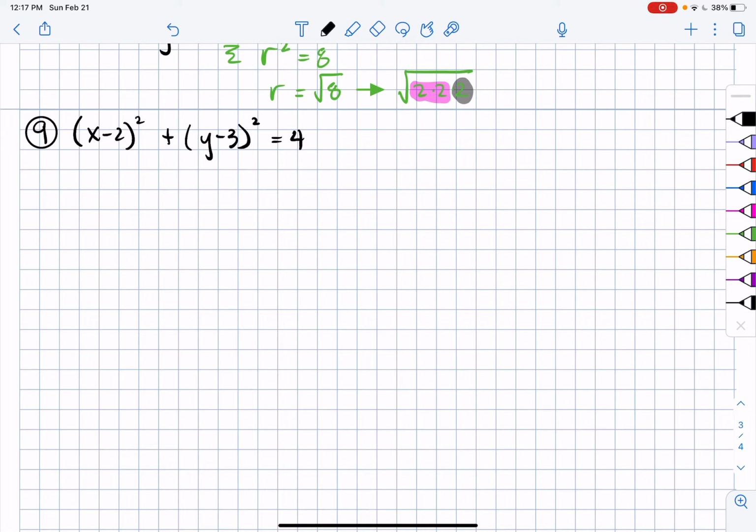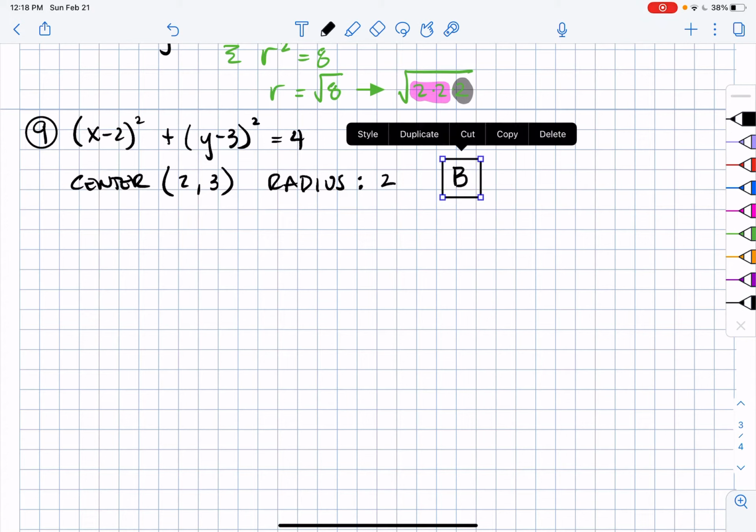Okay, so my center is going to be (2, 3), and my radius is going to be just a plain old 2. That means it's going to be choice B.